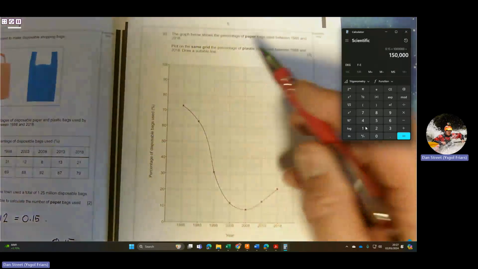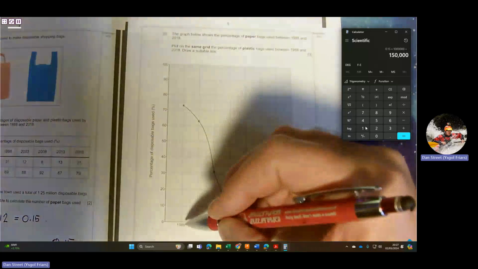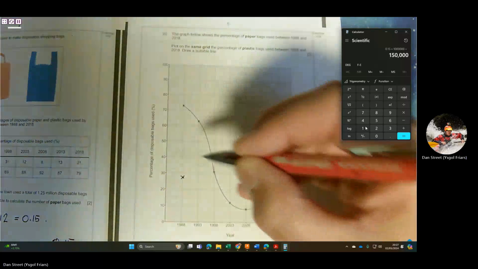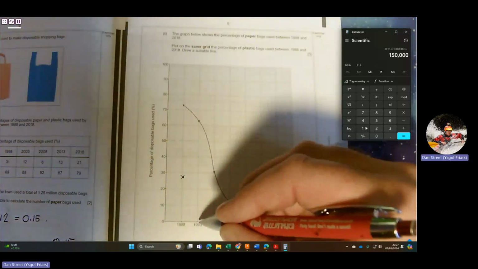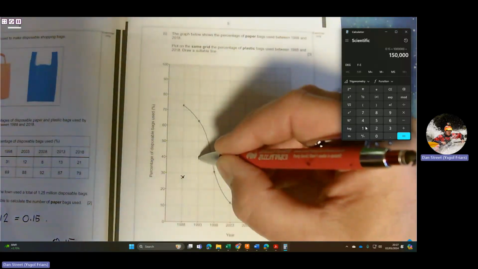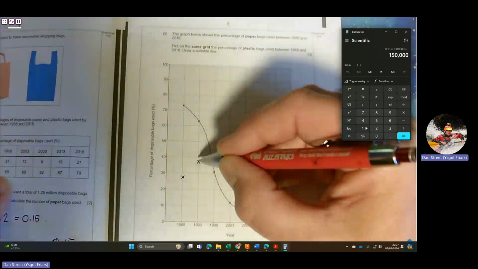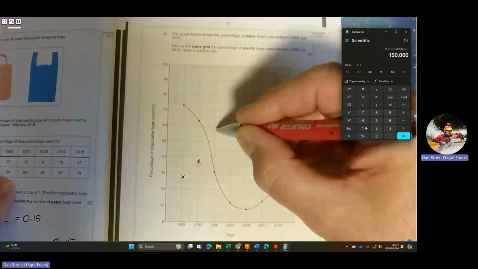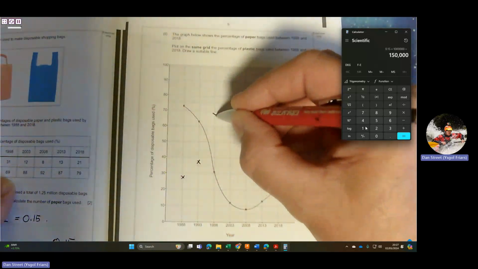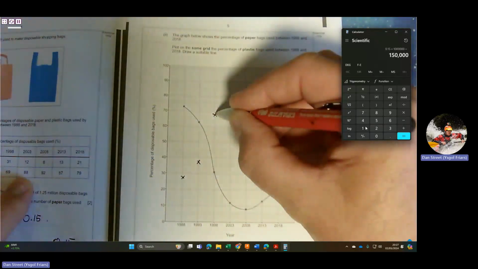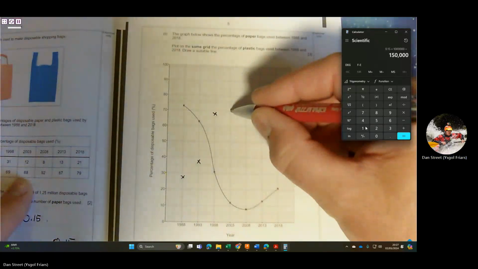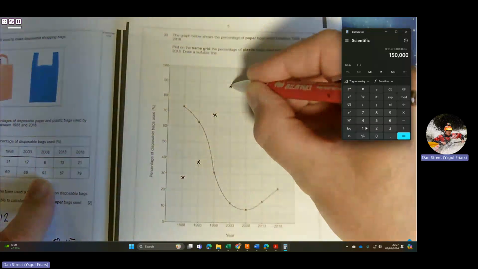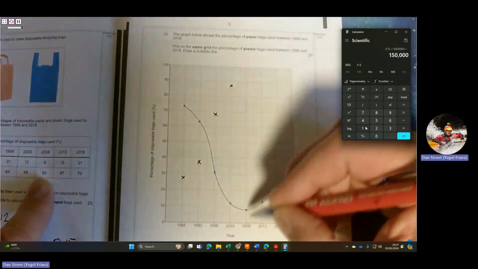So let's have a look. So we start off in 1988 with 27%. So there's 20, and then 27 is there. Then it's 37 in 1993. So that's just there. Then it's 69 in 98. So 69 is there. Then it's 88 in 2003. So 88 is there. And then it's 92 in 2008.